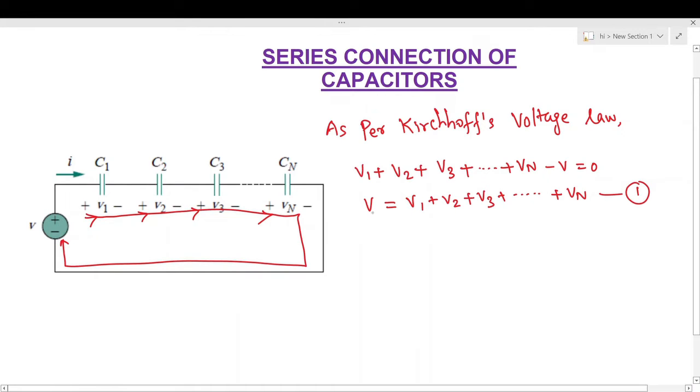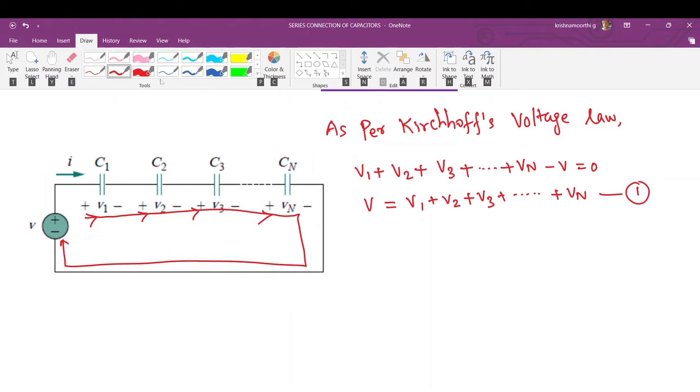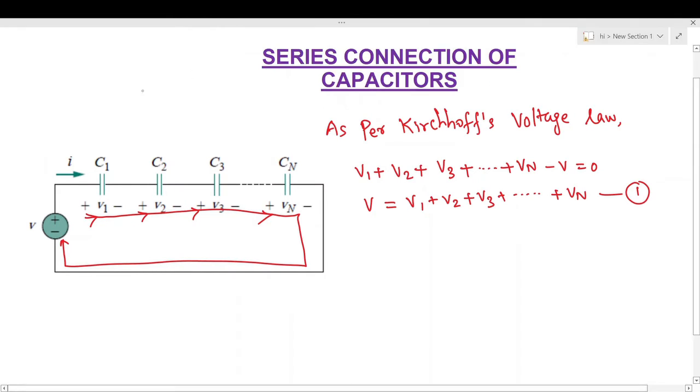Now we need to apply the value of voltage in this equation. For that, we know one formula, that is I is equal to C into dV by dt.